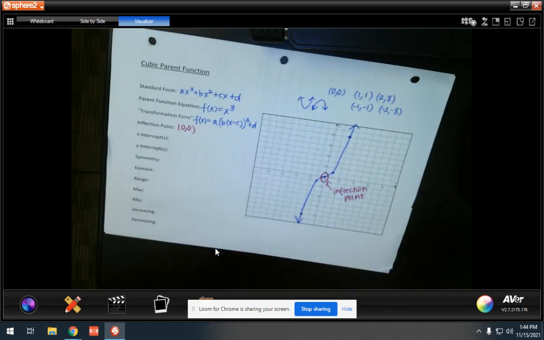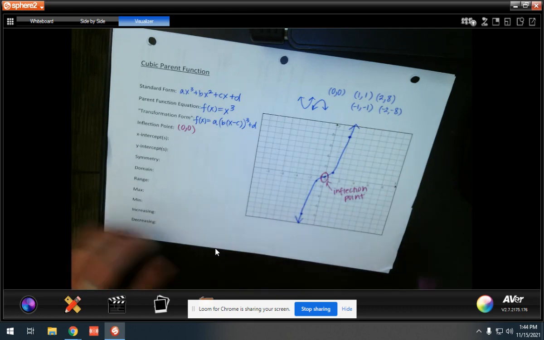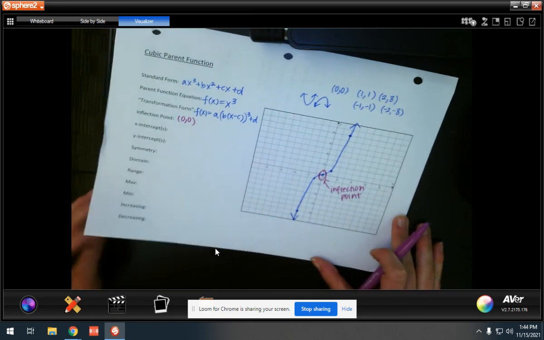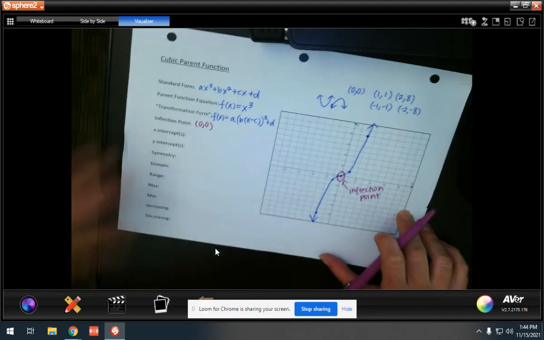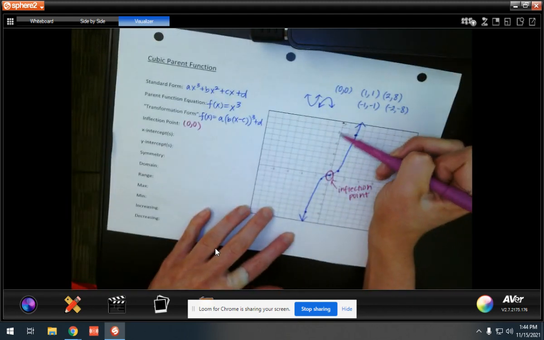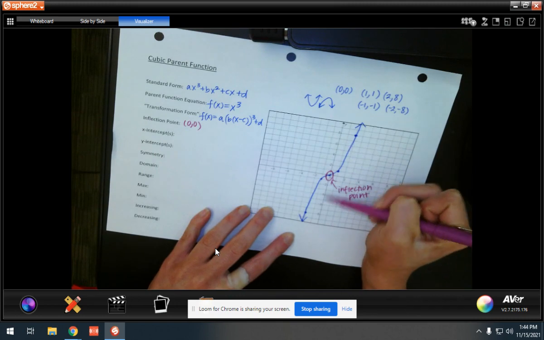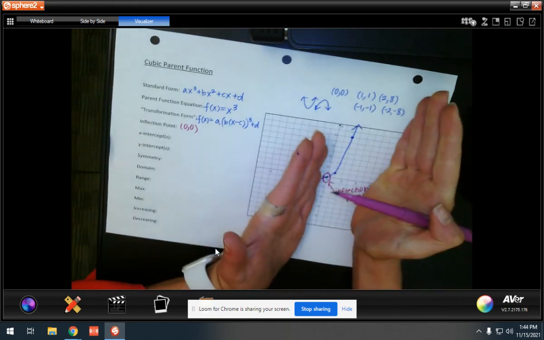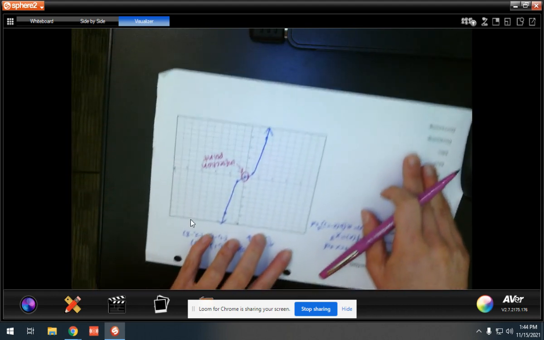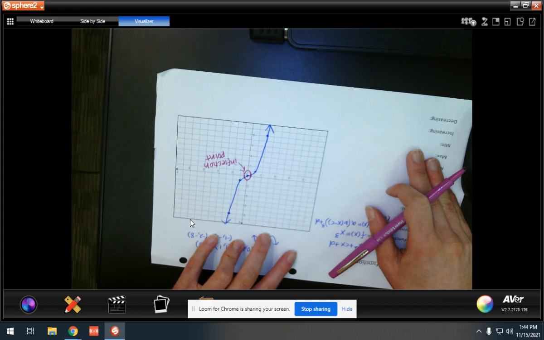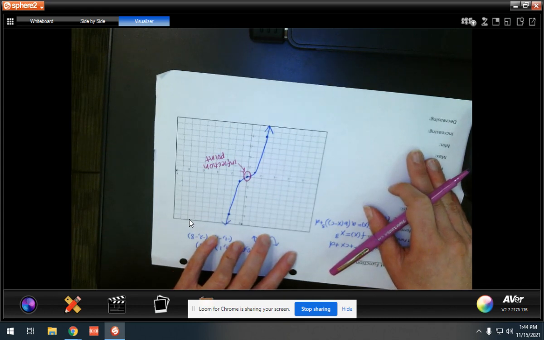Okay, the inflection point is also the point of rotational symmetry, because now instead of an axis of symmetry, if I were to draw an axis right down the middle like I would for a quadratic, it is not symmetrical, okay? But if I were to rotate it, do you see how it's the exact same function? And so we have rotational symmetry instead of an axis of symmetry this time.